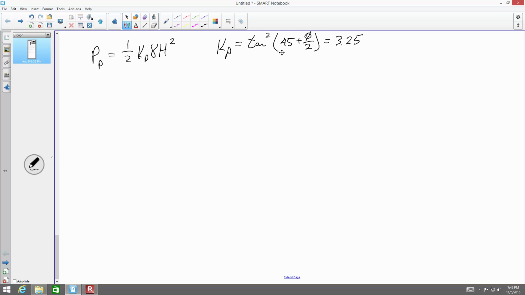And when we plug that in, 1/2 times 3.25 times the 120 times the 8 squared gives us 3120 pounds per foot of wall. Nope, sorry. That's the wrong number. It's 12,480. 12,480.